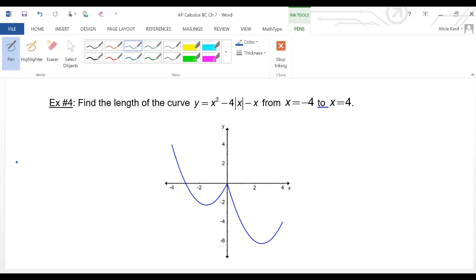So this is a corner, because from the left and from the right, it's approaching a slope that's not positive or negative infinity. It looks like a cusp.